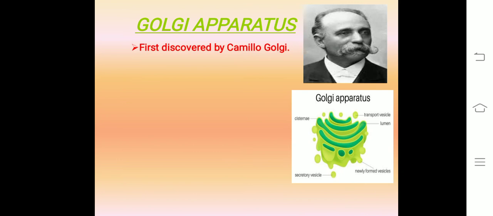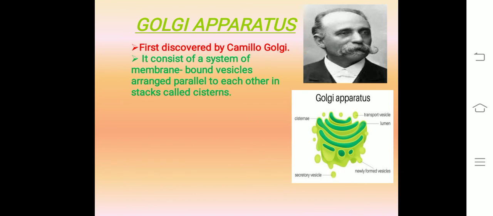Next is Golgi apparatus. The Golgi apparatus was first described by Camillo Golgi. It consists of a system of membrane bound vesicles which are arranged approximately parallel to each other in stacks called cisterns.